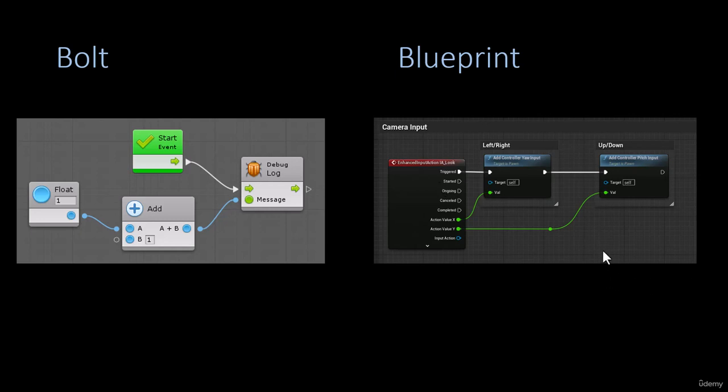In case of Blueprint, there are hundreds of thousands of nodes already ready for you to use. And that makes programming or developing your game extremely easy. The only thing you need to do is to find the node you need and then to connect them together.